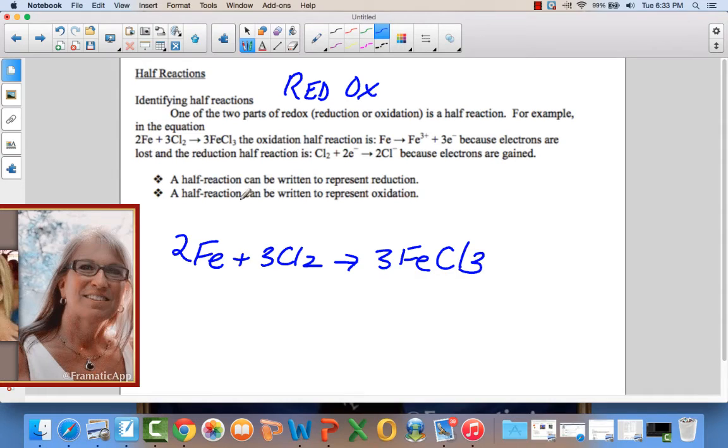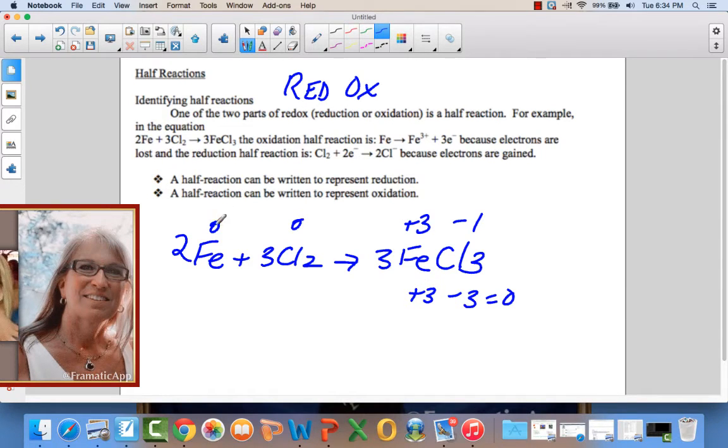The first thing I want to do is assign oxidation numbers. Fe is by itself, it gets a 0. Cl2 is by itself, it gets a 0. Chlorine is -1. I always use the top one on chlorine, and my halogens times a -1 is a -3. In order for this to equal 0, the iron had to be +3.